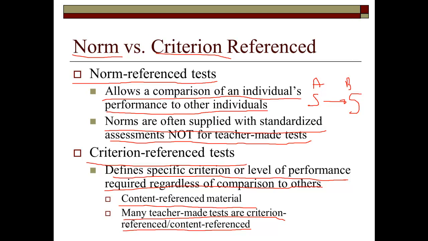Now, of course, many teacher-made tests are criterion reference, content reference. You're going to create a test on your course content, and there's nothing wrong with that. But it's not a norm reference test. You and I are doing criterion reference tests because we are looking at the material itself.